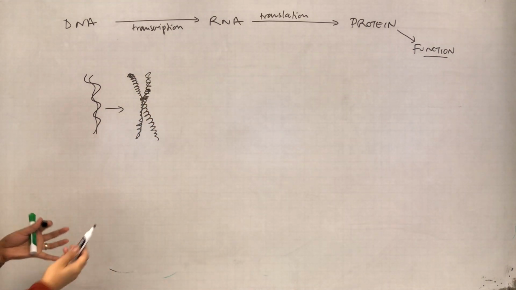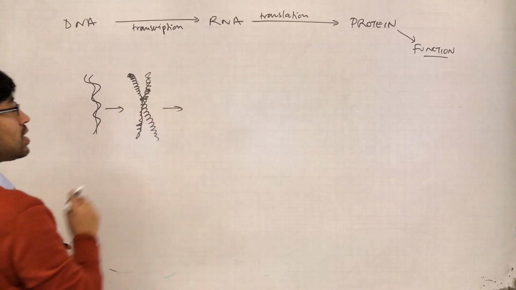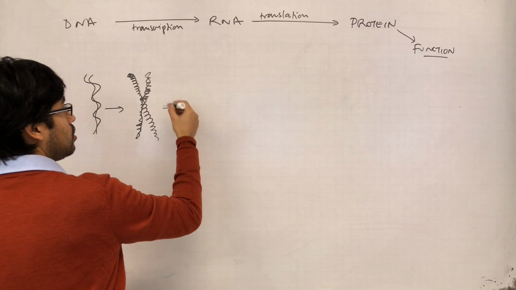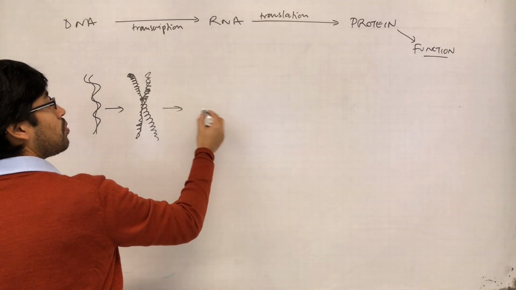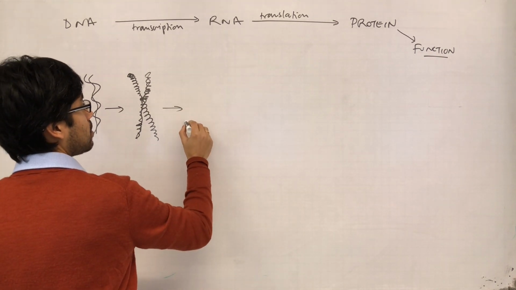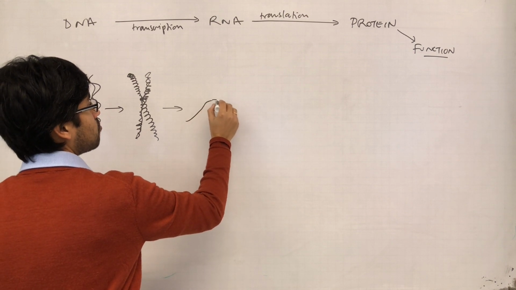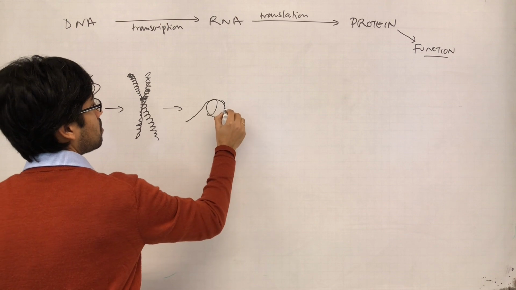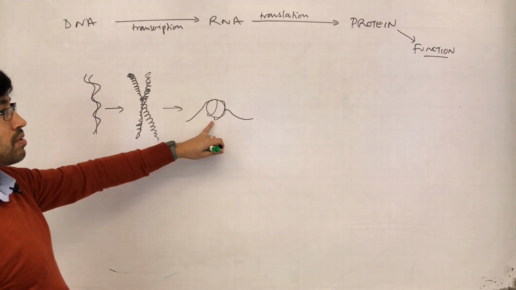So DNA can become very condensed, and it's actually the case that DNA is usually in a structure called chromatin, where the DNA strand is wrapped around proteins called histones.